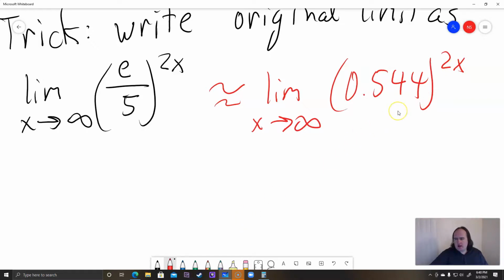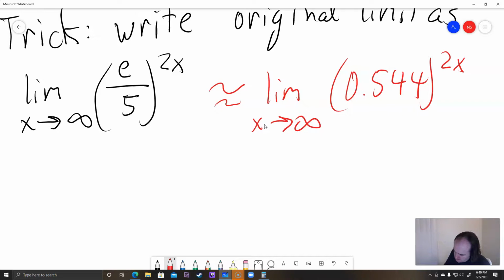Now, how do we know that it goes to 0? Well, one thing you could do is plug in increasingly large values for x, because as x goes to infinity, you're going to see that the limit gets smaller and smaller.